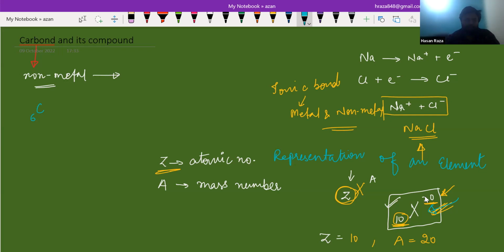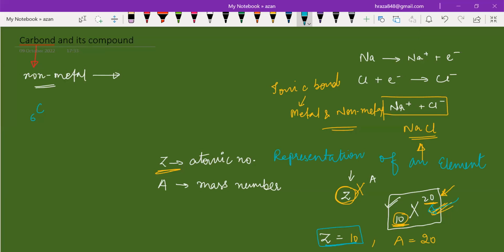Twenty. And what is the atomic number here? 10. So can it be calcium? No, it cannot be. No, sir, it is neon, because atomic number 10 means the element is neon.